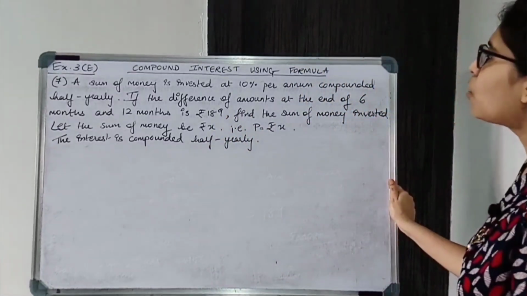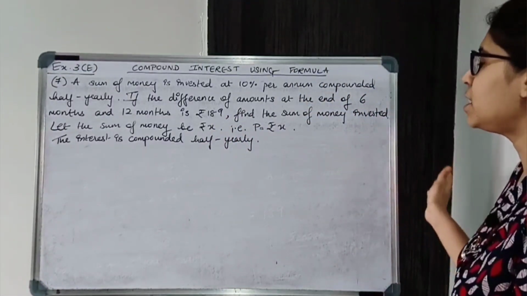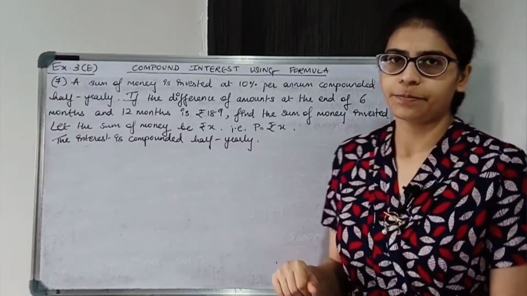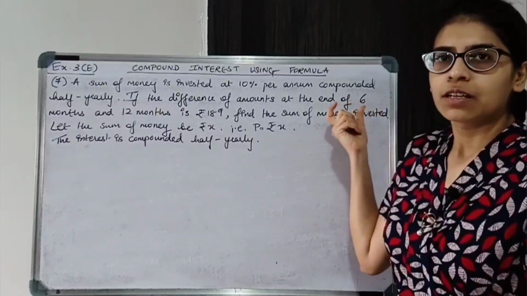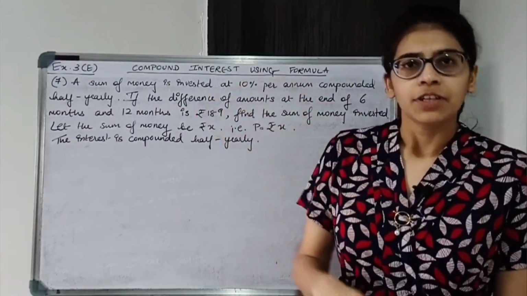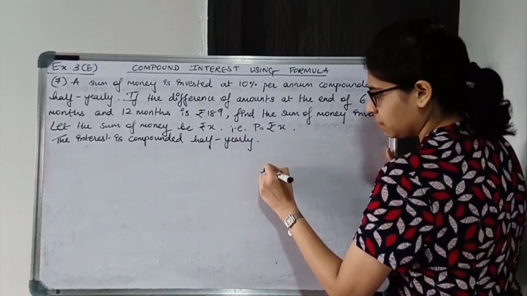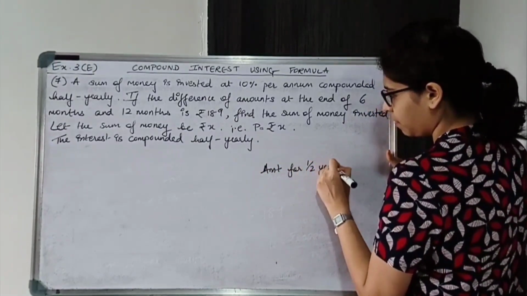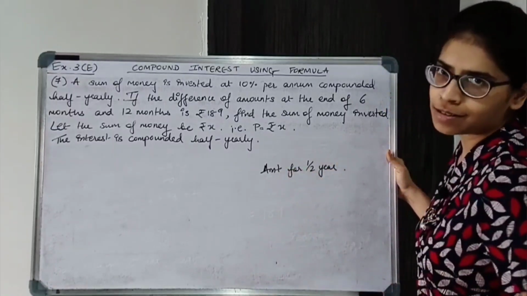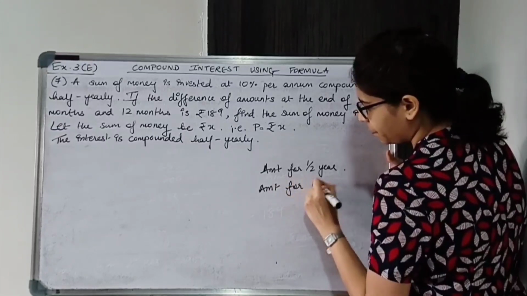If the difference of amounts at the end of 6 months and 12 months is rupees 189, find the sum of money invested. Now, the difference of amounts at the end of 6 months, which is nothing but half year, so amount for half year, and 12 months, that is amount for 1 year.